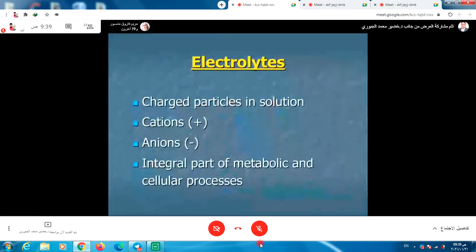The electrolytes in general are charged particles in a solution, either cation, the positive ones, or anion, the negative ones, an integral part of metabolic and cellular processes.